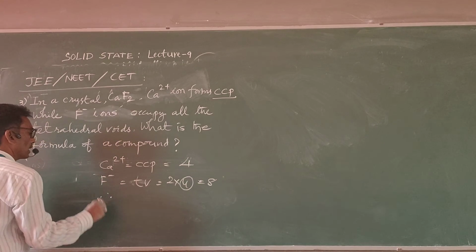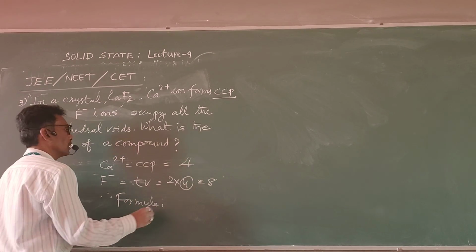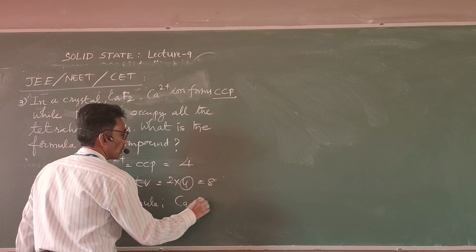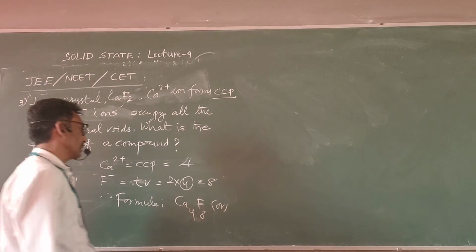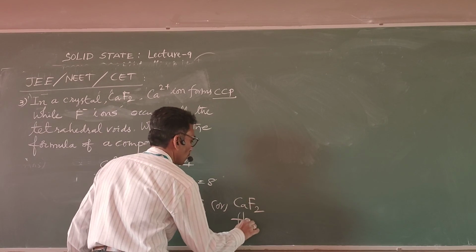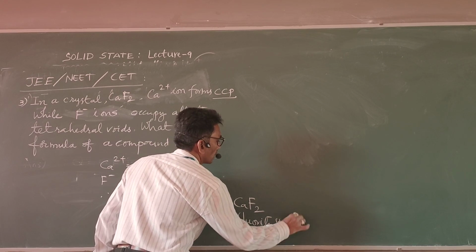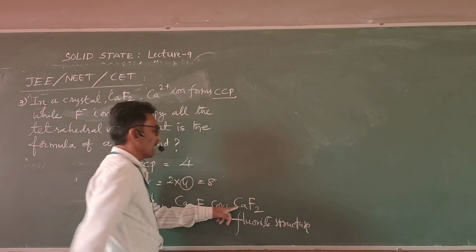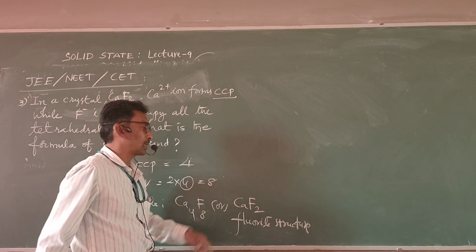Therefore, the formula of the compound is Ca4F8, nothing but empirical formula CaF2, and it is known as fluorite structure. If you observe the reverse: cation FCC and anion in all the tetrahedral voids.